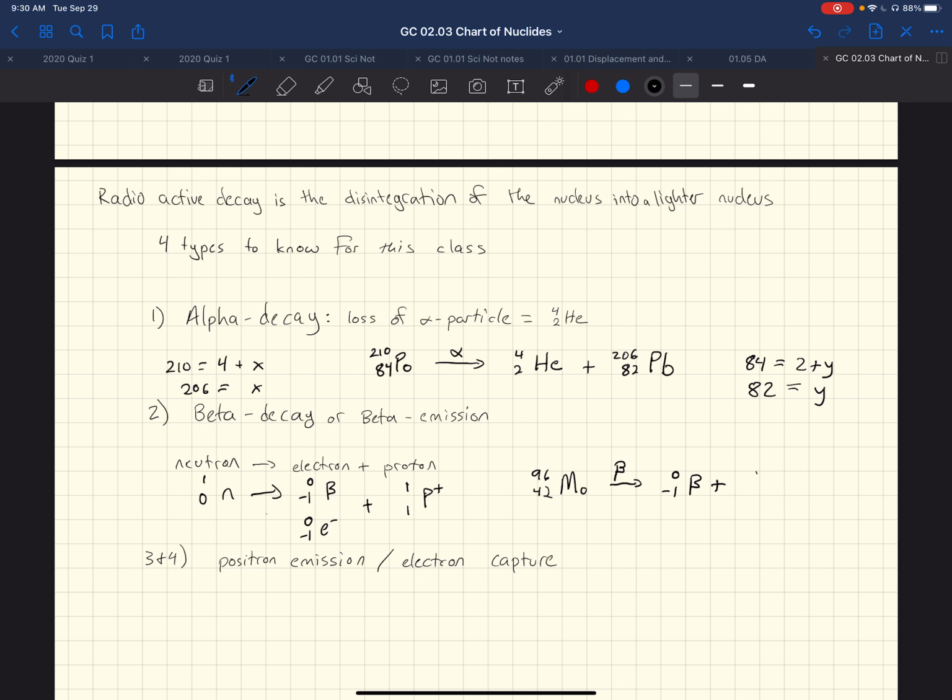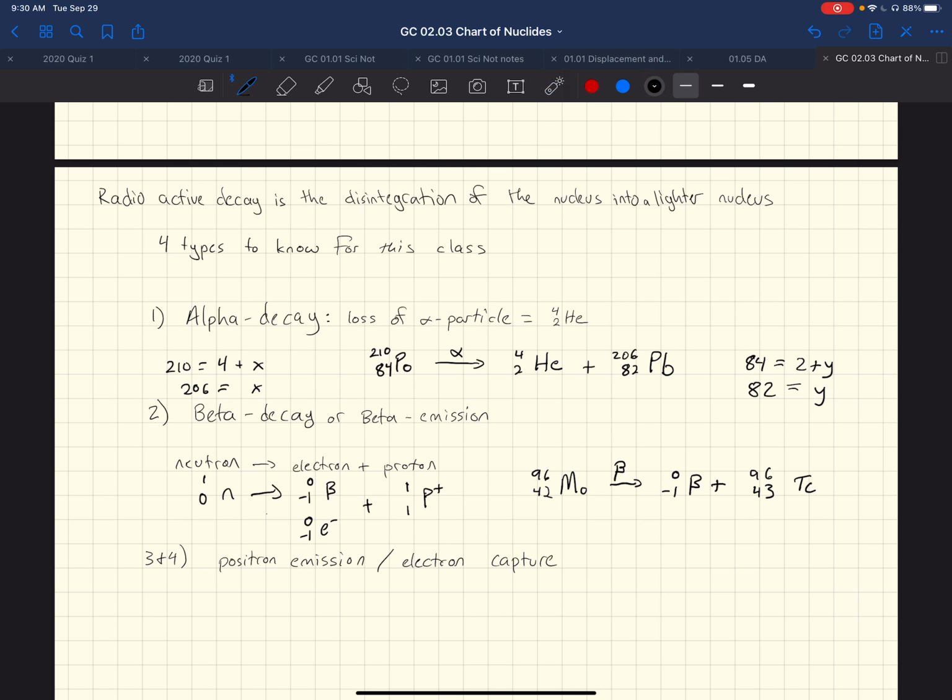So the mass number is still 96, but the atomic number actually goes up by 1 because we have converted a neutron to a proton.